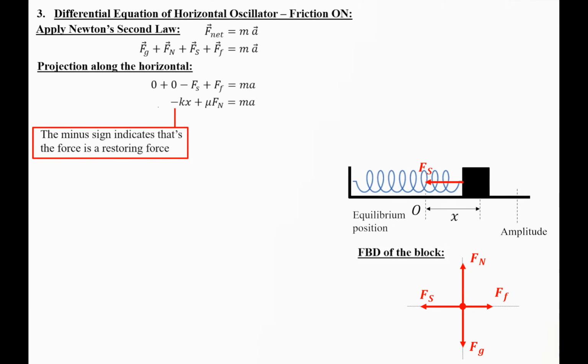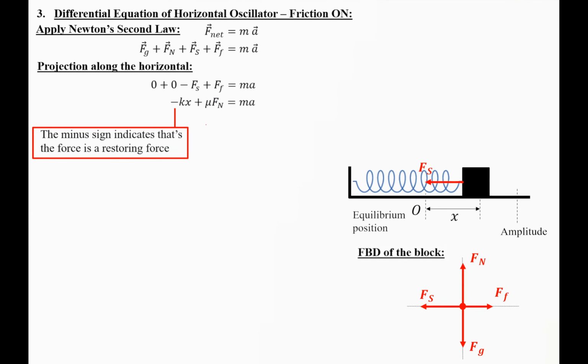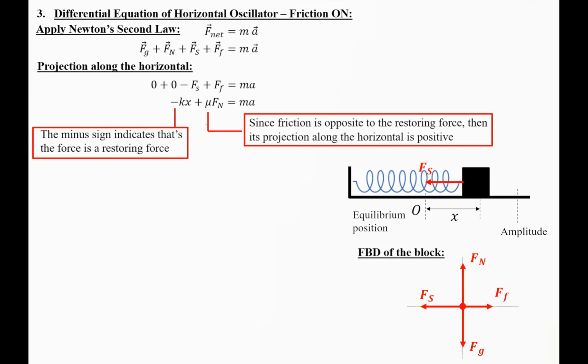The correct way to think about it is to say that this is a restoring force. For this reason we have a minus sign. This is not a restoring force, so that would be plus. Friction is opposite to the restoring force, but that's also not completely precise. We need to say it's not opposite to the restoring force, it is not a restoring force.